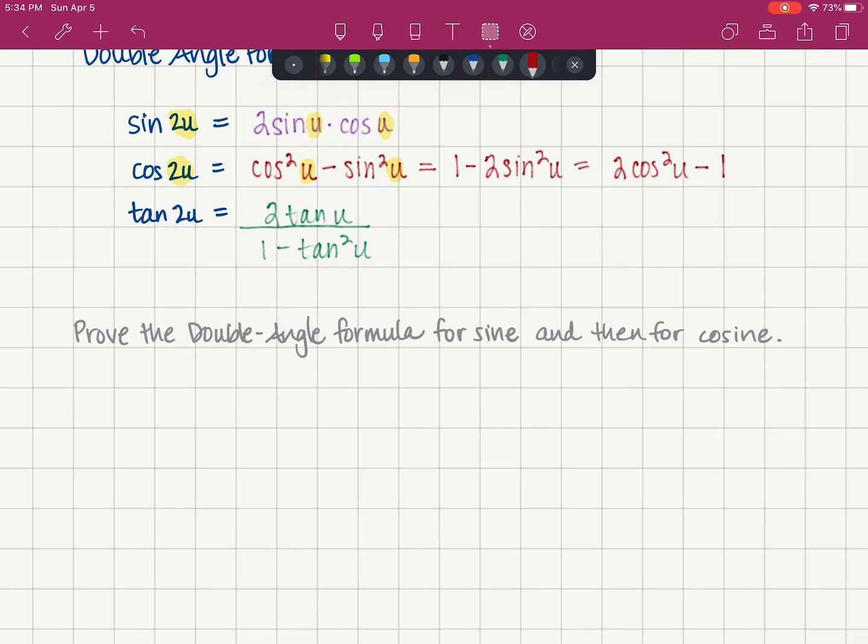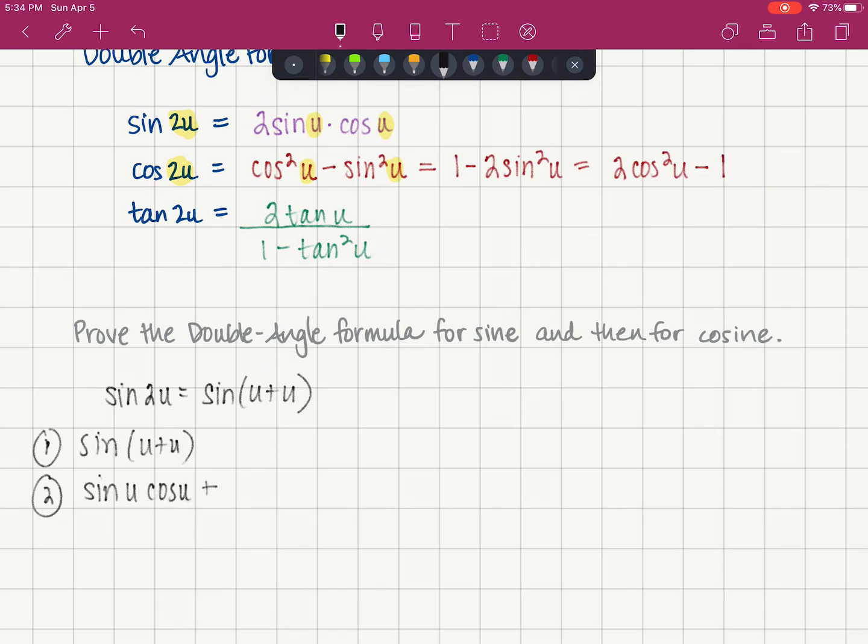We want to prove the double angle formula for sine and then for cosine. I'm going to do sine, and then you can prove the one for cosine on your own. The sine of 2u is the same thing as the sine of u plus u, since 2u comes from u plus u. That's my first step. My second step is to use the sum formula.